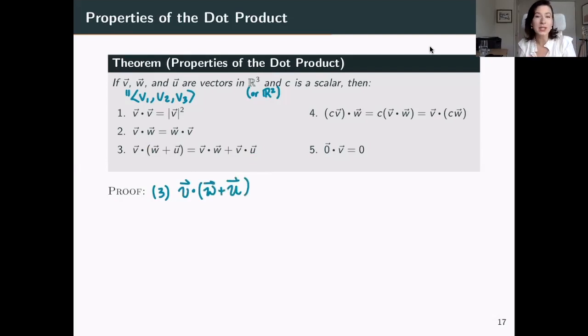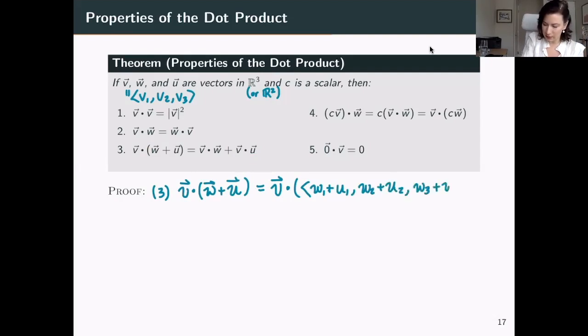It'll help to use the component form in order to prove this statement. We get v dot, first off, in the brackets, we have w plus u. And in the component form, that would leave us with w1 plus u1, comma, w2 plus u2, comma, w3 plus u3.